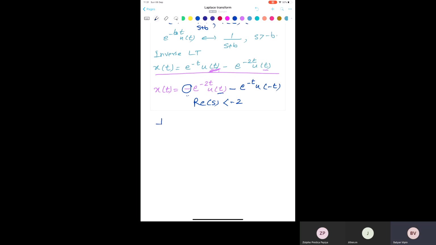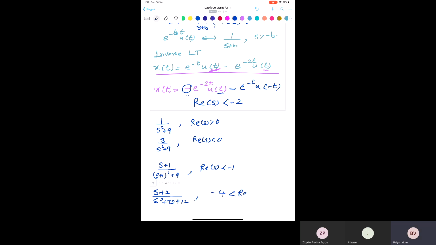So first is 1 upon s square plus 9. And this is s upon s square plus 9.